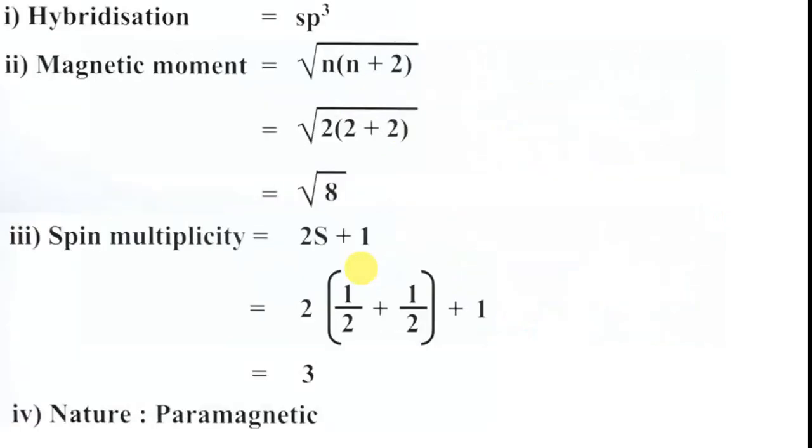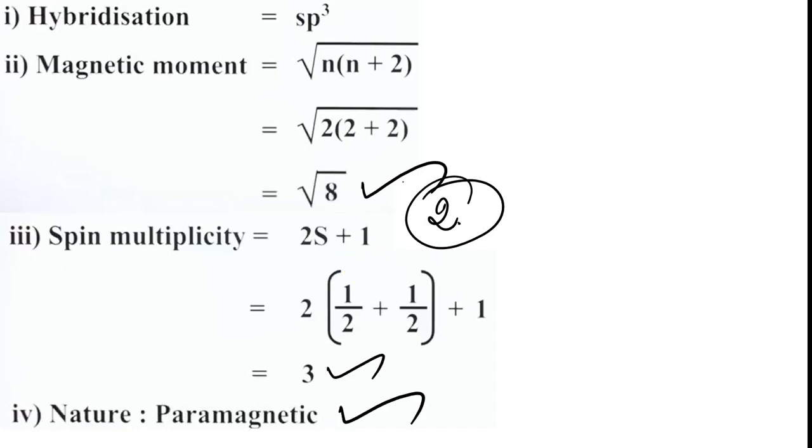The magnetic moment is root of n into n plus 2, where n is the number of unpaired electrons. So n is equal to 2 here, 2 into 2 plus 2, that is √8. And spin multiplicity: 2 electrons are there, so 2 into half plus half is equal to 1, so 2 into 1 is equal to 2, 2 plus 1 is equal to 3. Finally, the nature of the compound is paramagnetic.